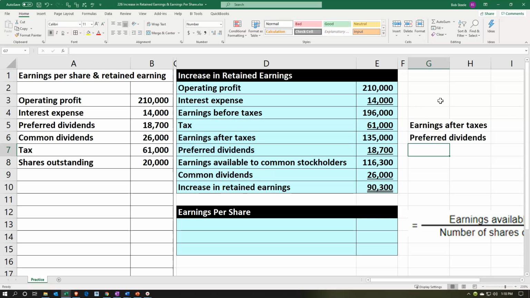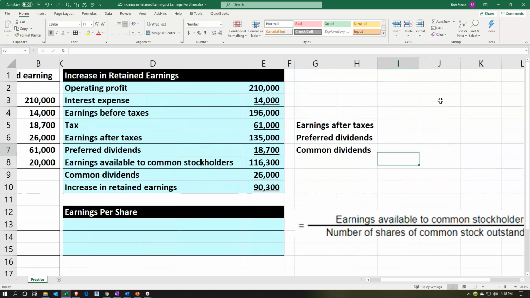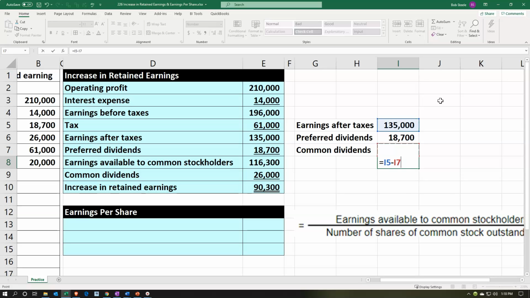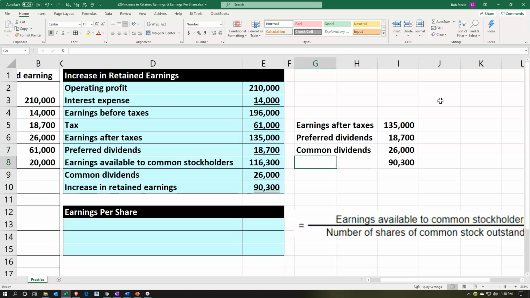That's the earnings after taxes, minus the dividends, minus the dividends. So it equals this, minus this, minus this. That's basically our change in retained earnings.